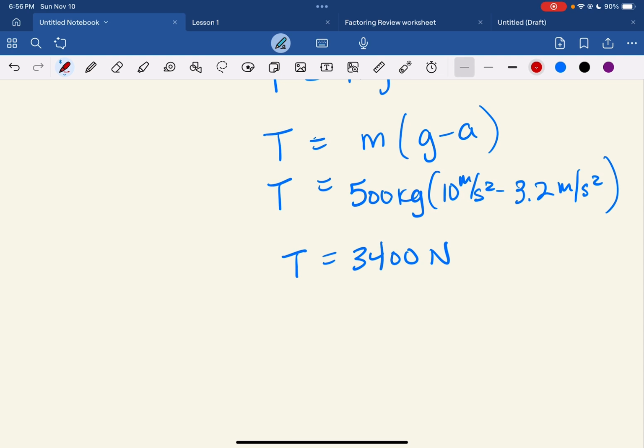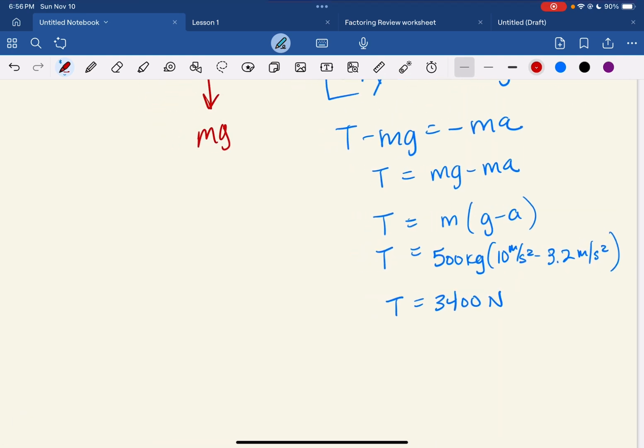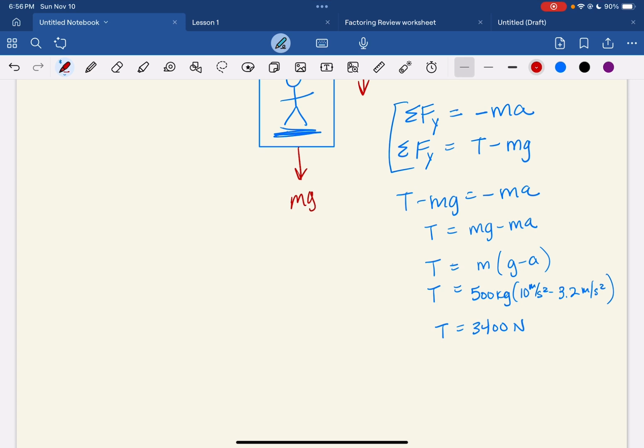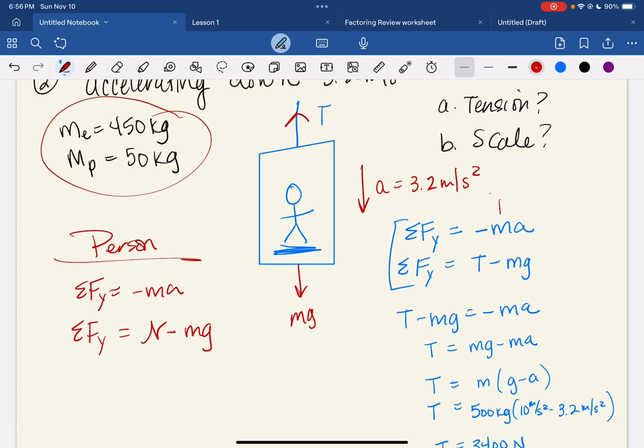Okay, let's go ahead and take a look at the person that's inside the scale. So the sum of my forces in the y direction is going to equal negative ma, and that's going to be my normal force of the person minus mg of the person. So this is all the person, whereas this was person plus elevator.